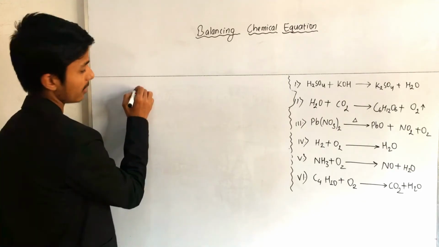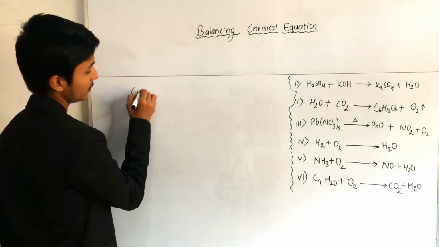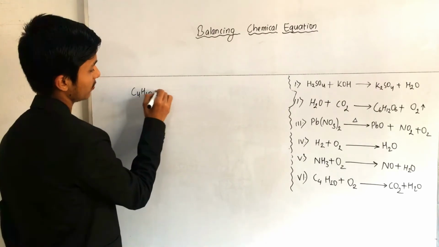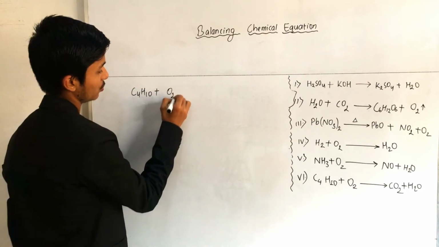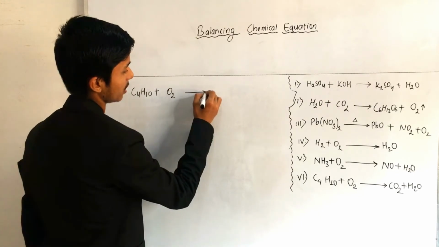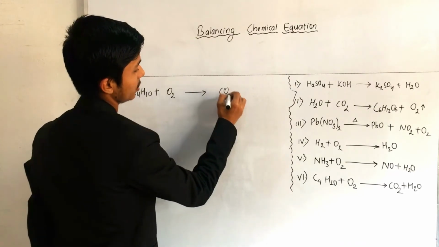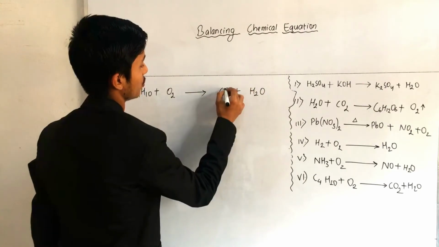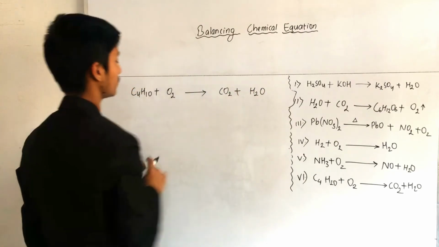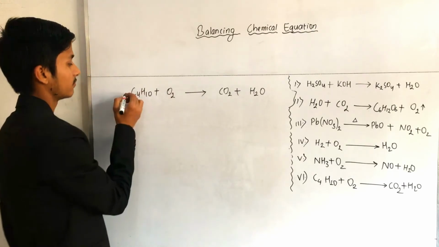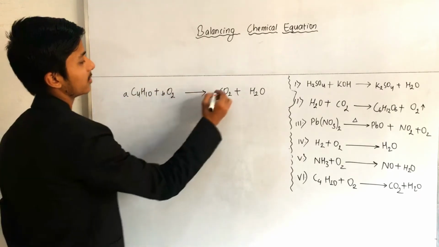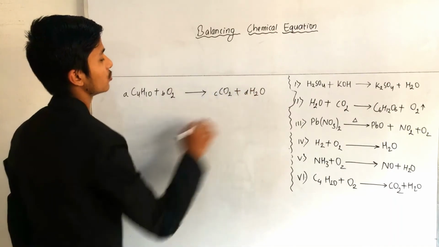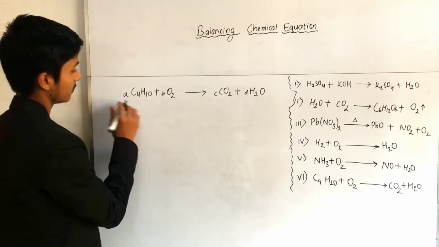Here we have our sixth equation, that is C4H10 plus O2 gives CO2 plus H2O, carbon dioxide plus water. We write the same A, B, C, D.